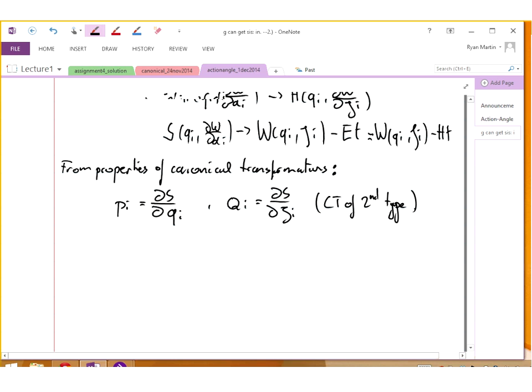So I wrote the CT for canonical transformation. And so the function S still satisfies the Hamilton-Jacobi equation. And new canonical momenta, these capital Ji, are still constants of motion.